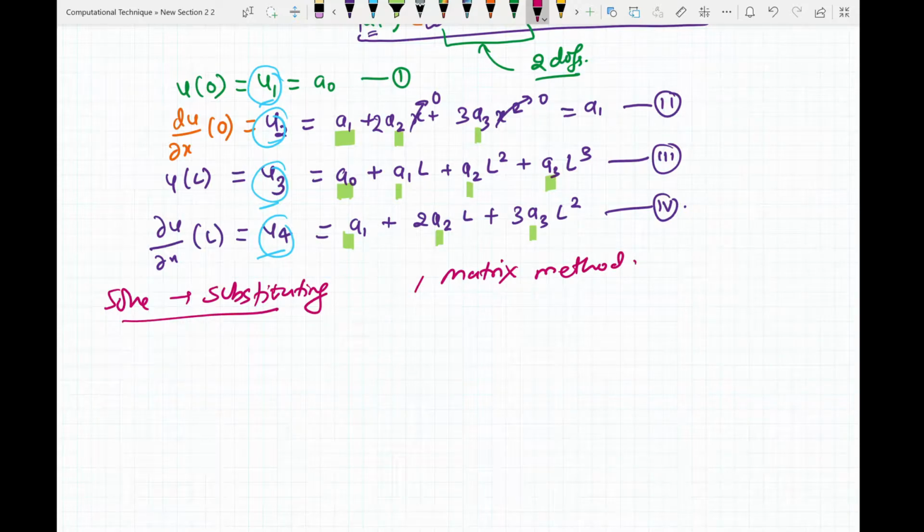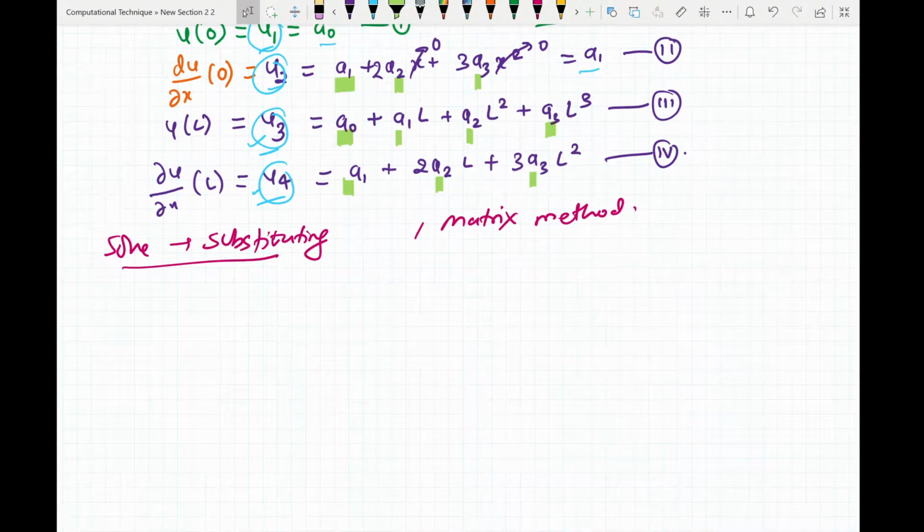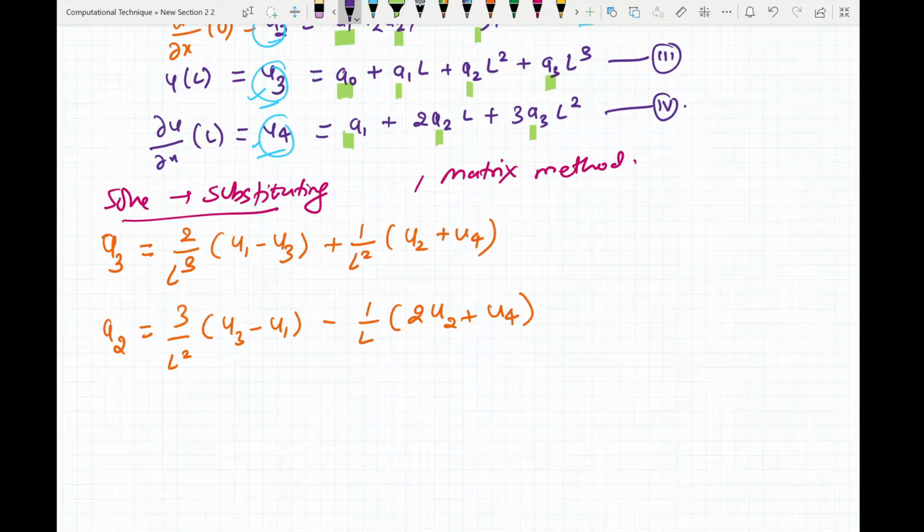Now for this one, what to do is we substitute the values of A0 and A1 into these equations and solve for A2 and A3. Now while doing this, what you'll get is you'll get your A2 and your A3 will be equal to.